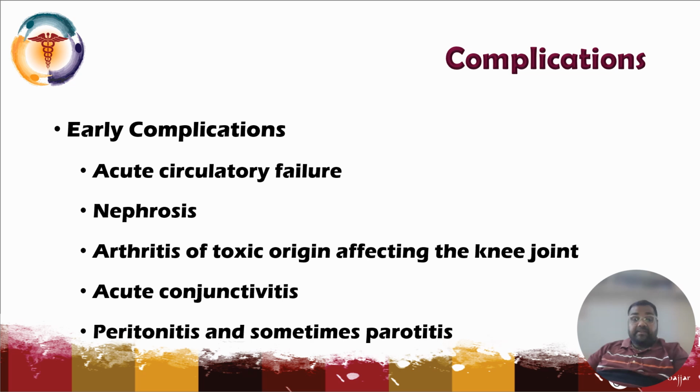First, the early complications: acute circulatory failure can occur, nephrosis, arthritis of toxic origin affecting the knee joint, acute conjunctivitis, and peritonitis, and sometimes parotitis may also be found in bacillary dysentery. Right?